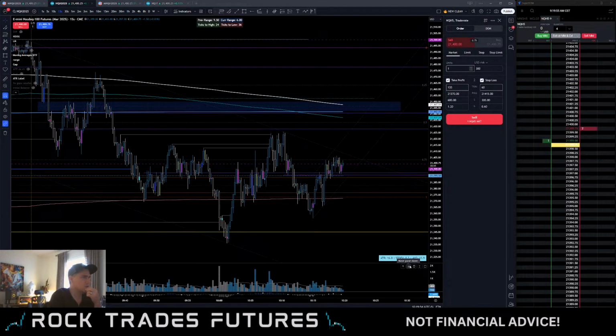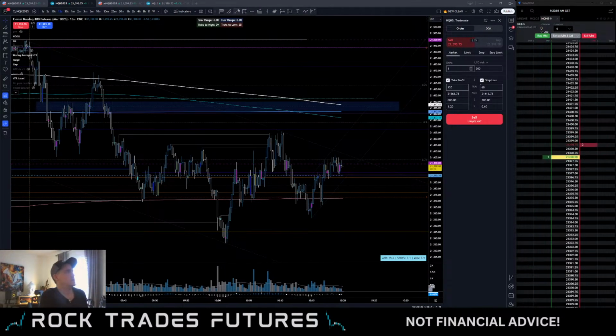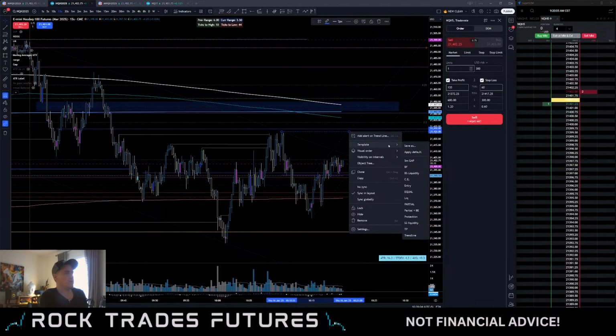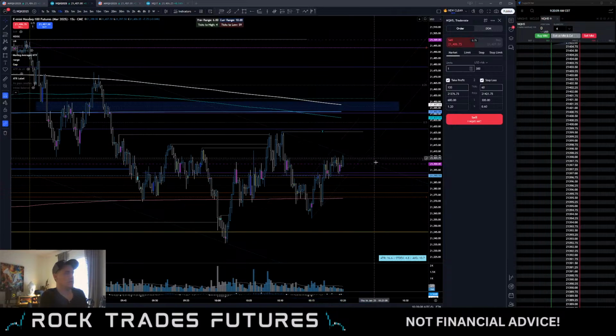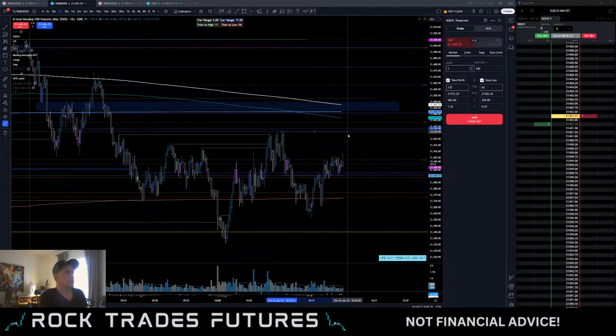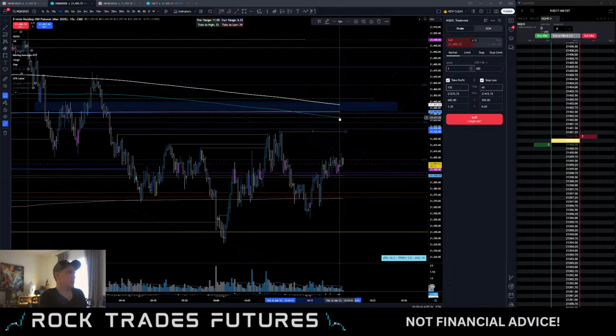Let's see here. We do have a bear flag forming. Take this out. X marks the spot on this bad boy. Time it with this bad boy.